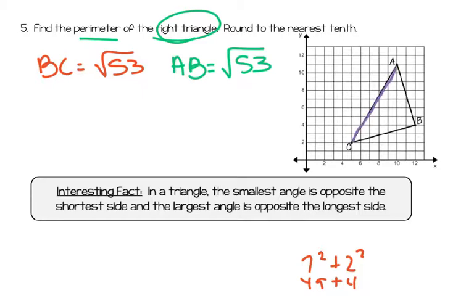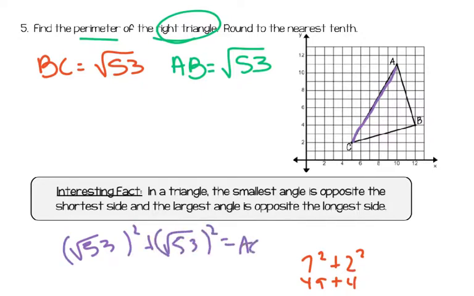You're welcome to use the distance formula if you'd like to. To find this third side, you could do square root of 53 squared plus the square root of 53 squared equals AC squared. You could do that. I'm going to just make this little triangle because it just feels consistent to me. So I'm going to do this one, and I'm going to see that this side is 9, and then this side is 5, so I'm going to have 5 squared plus 9 squared equals x squared.